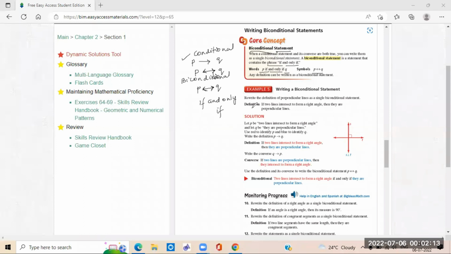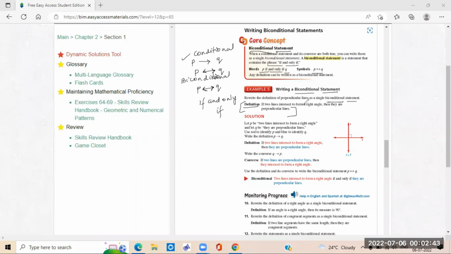And you can write the definition of any geometrical figure or any geometrical term as a biconditional statement. For example, how do we write a biconditional statement for the definition of perpendicular lines? For that, we first need to define what perpendicular lines are.